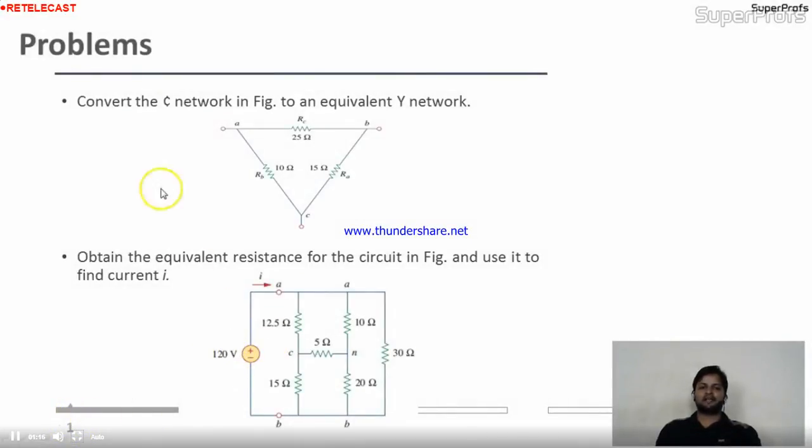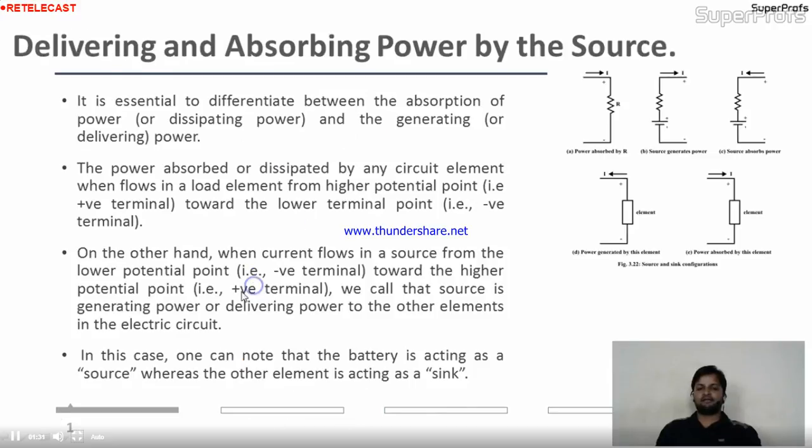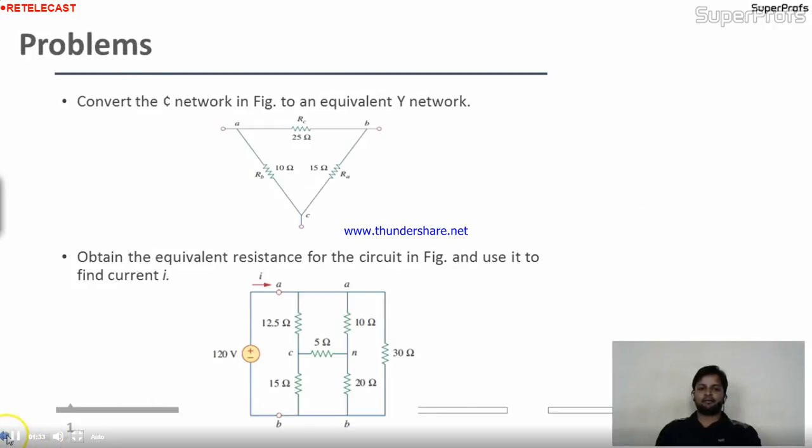The first example we already attempted, and the second one is asking to obtain the equivalent resistance for the circuit in the figure and use it to find the current I. So this is the question.